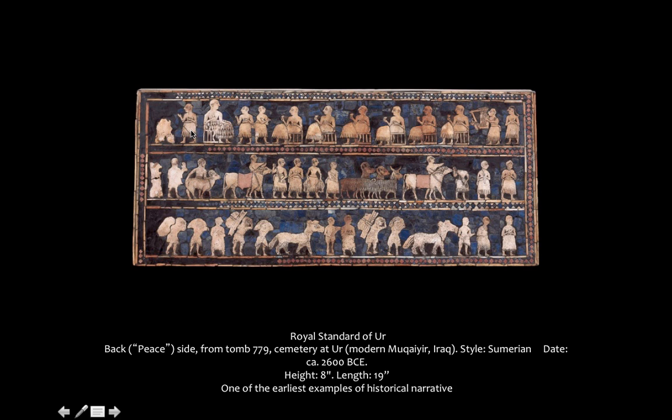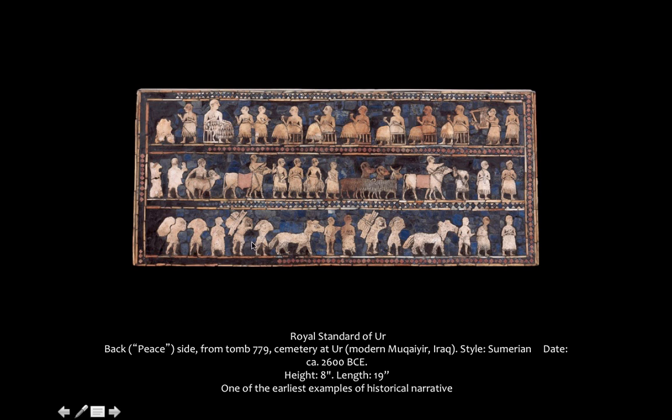And so we've got the central figure and then other things that might be associated with times of peace: banqueting, fine dining, drinking wine. You have a musician here with a lyre. You've got an abundance of animals that are being brought, perhaps for sacrifice, perhaps just talking about the cultivation of animals.